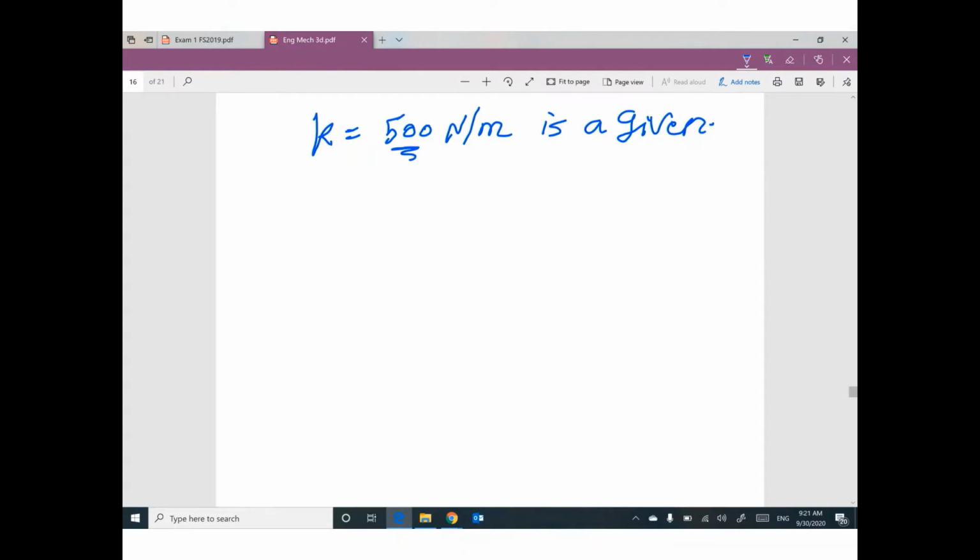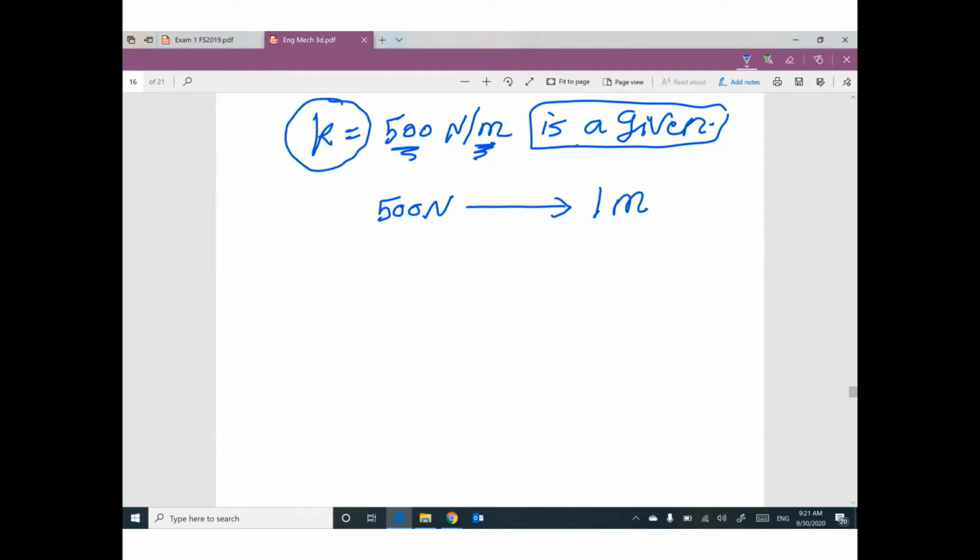Whatever the value, 500, 1000, 200, 100, it's given data. That means we need 500 Newton to make 1 meter. The meaning of stiffness, 500 Newton per meter, is that we need 500 to make 1 meter of stretch or elongation.